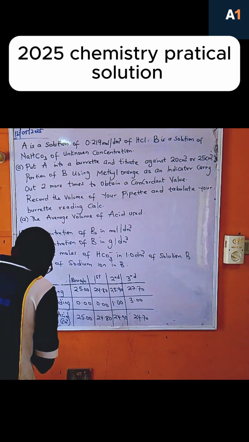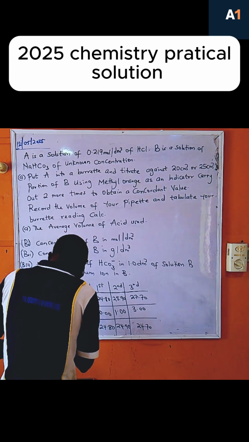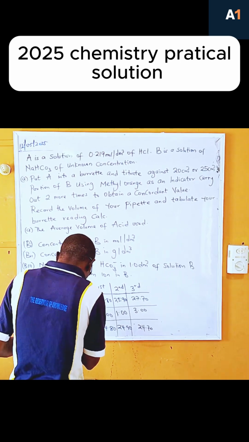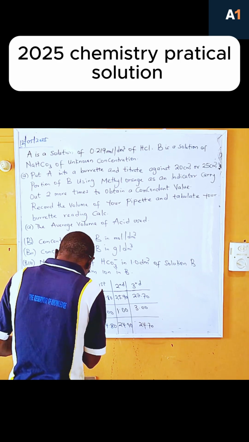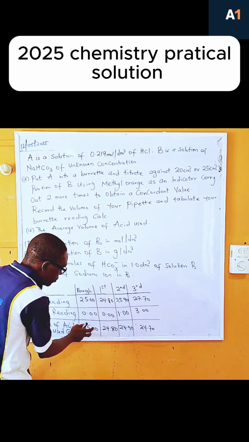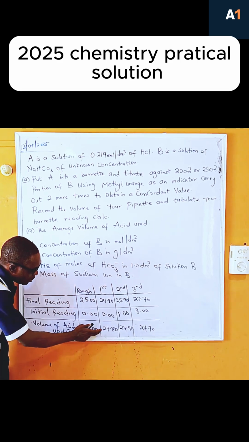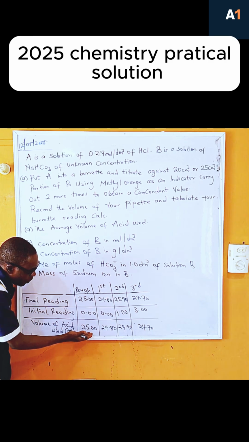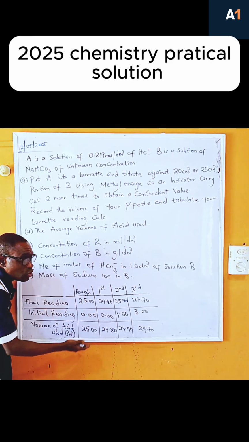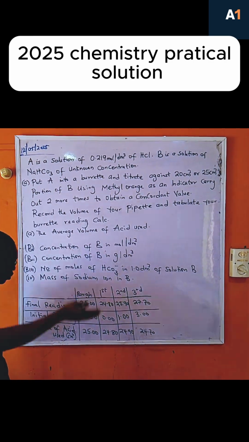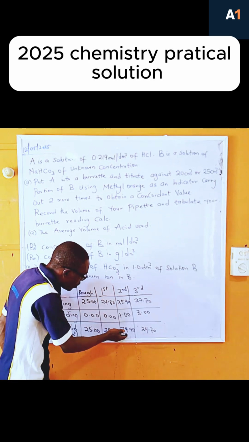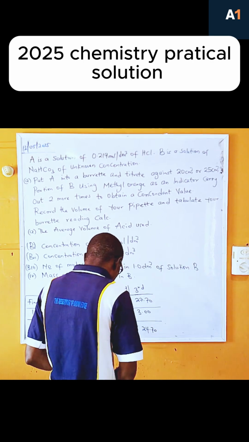If you look at this critically, we can use 24.80, 24.90 and 24.70, where we neglect 25. You can see, because 25 has the outrageous difference, the difference must not be more than 0.05. So automatically we use the first, second, and the third as the average titration.